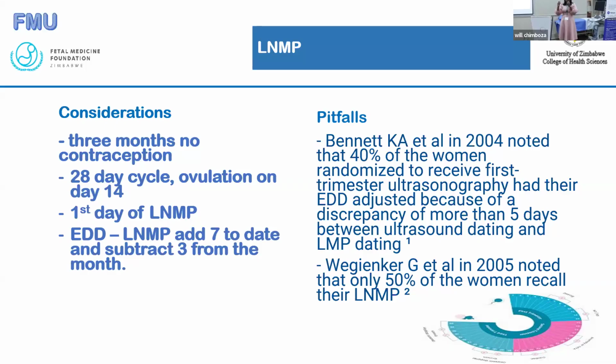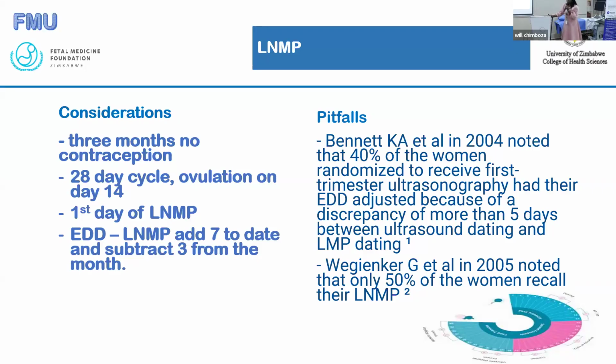However, of those 50%, almost 40% of women who give us a date as their last normal menstrual period will pick a wrong date. This was noted by Bennett K. in 2004 when they validated last normal menstrual period dates against the first trimester ultrasound scan. In 40% of the women, they noted that they had given wrong dates.